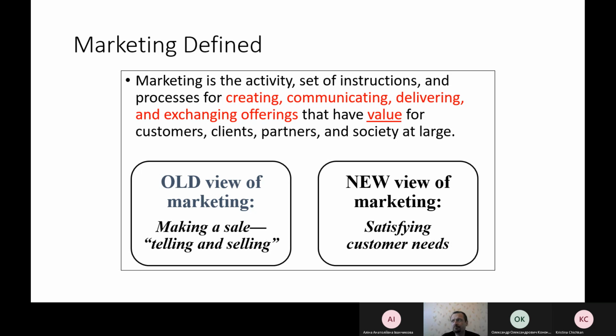So, for example, if somebody likes smoking, but smoking kills him or her, the company has to decrease this harm to this person personally and generally to society.